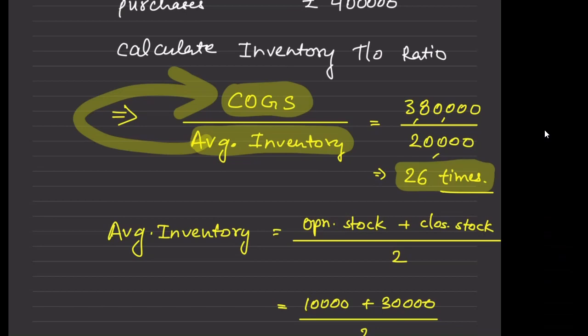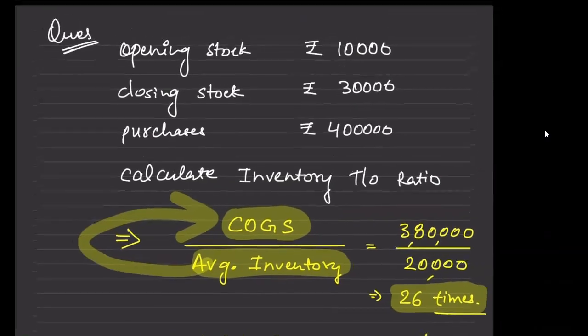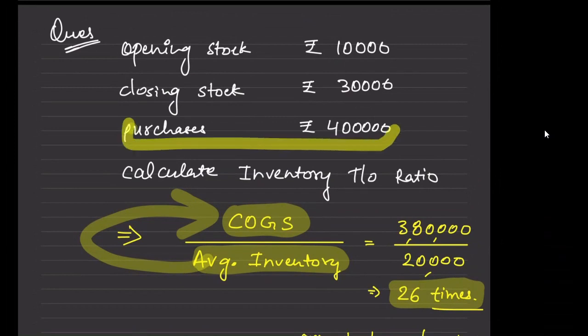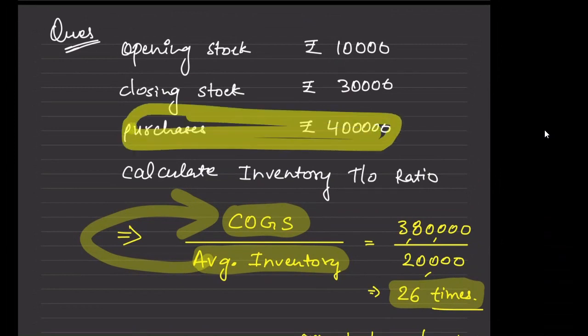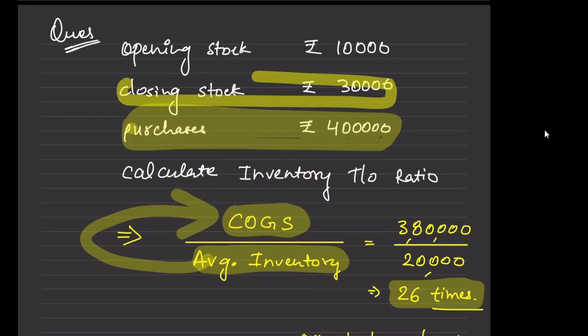You can see the figures over here: you have purchased 4 lakh rupees of goods and you are left with just 30,000 rupees of goods. That means all the goods which I have purchased have been sold. So my inventory is fast moving. This is called fast moving inventory.